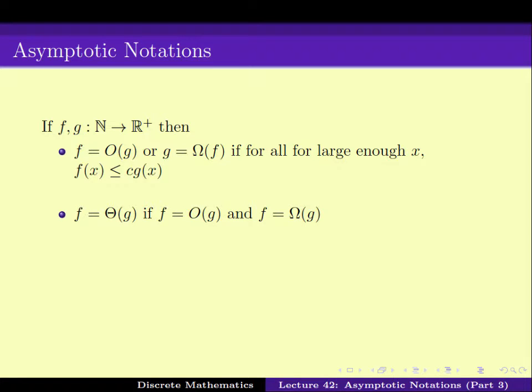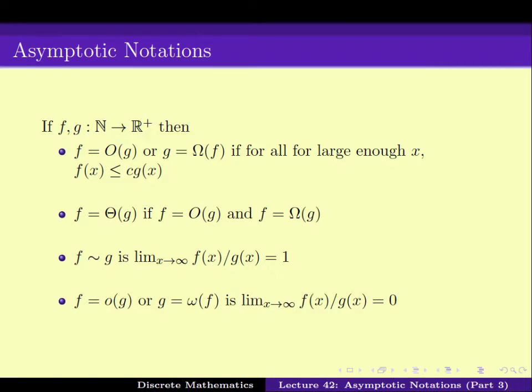Similarly, we say f is theta of g if f is big O of g and f is big omega of g, which means that f is bigger than a constant times g(x). We say f is asymptotically similar to g if f(x) by g(x) tends to 1, and we say f is small o of g if the limit as x tends to infinity of f(x) by g(x) is equal to 0.